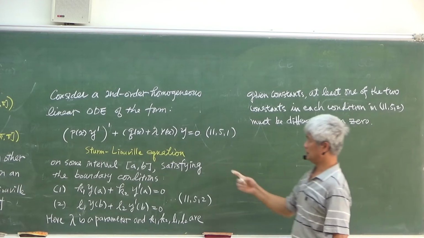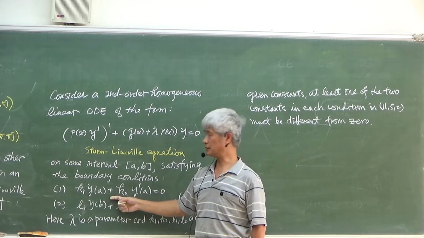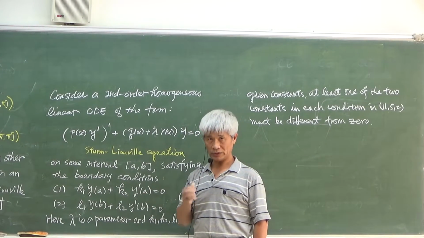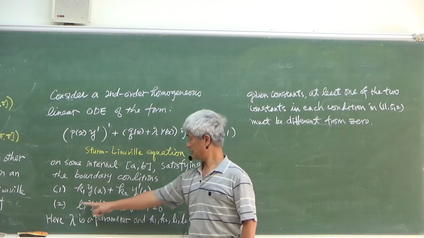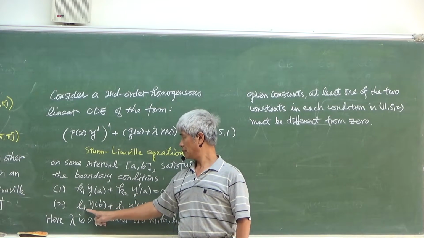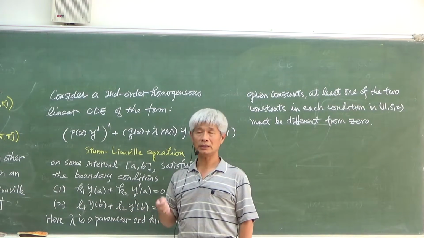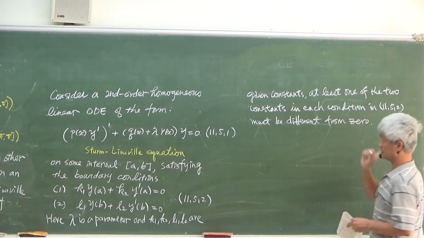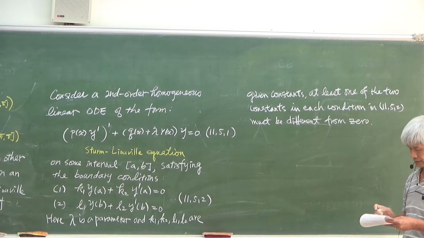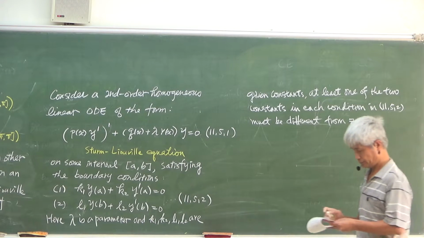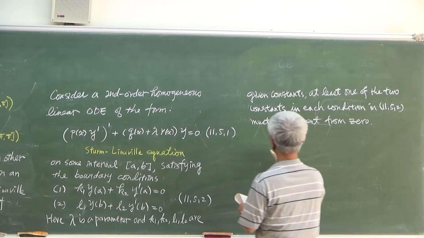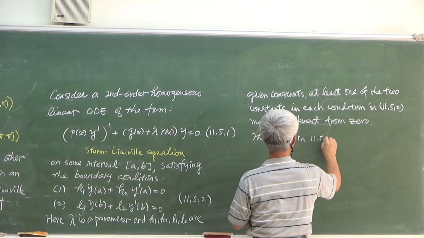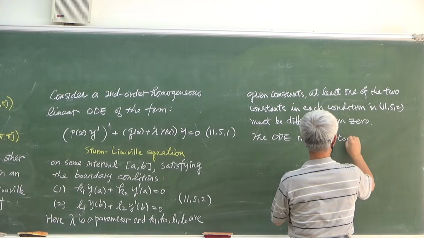So in this condition, at least one of k1 and k2 is non-zero. And in the second condition, at least one of l1, l2 is non-zero. Okay?